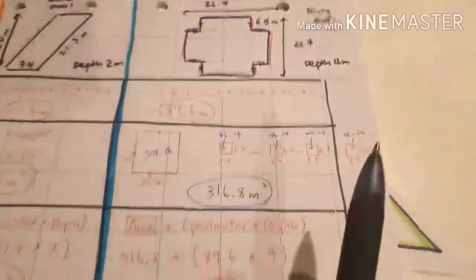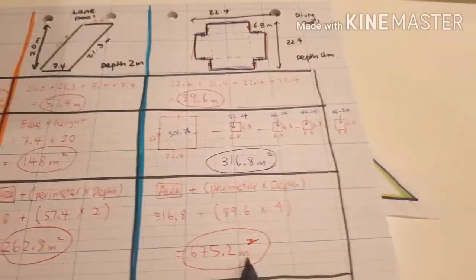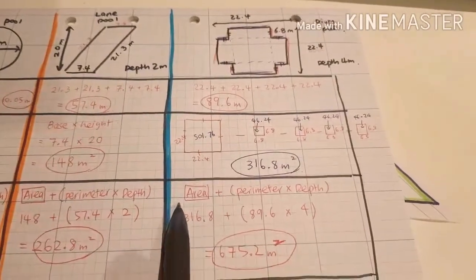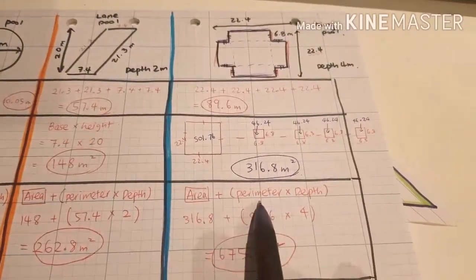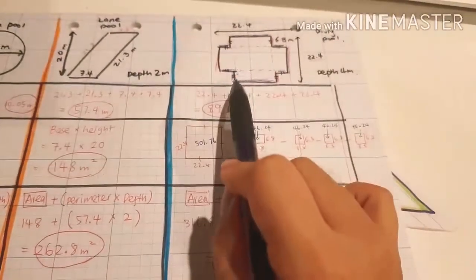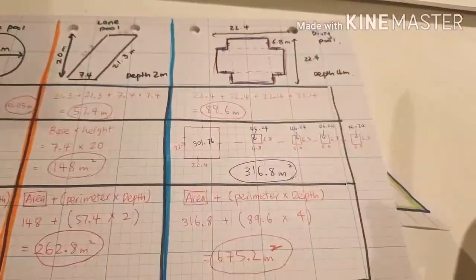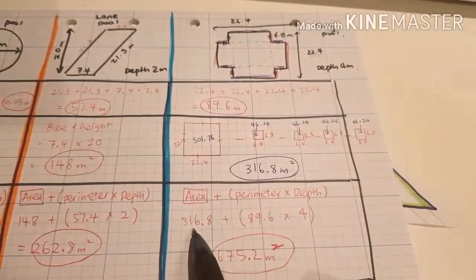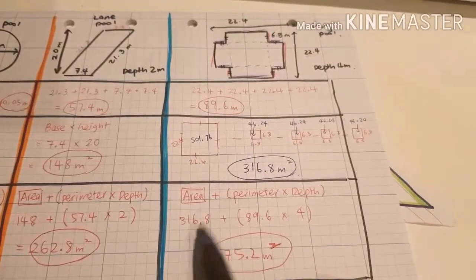Then how can I find the surface area? It's the same. I need to find area plus perimeter times the depth. Perimeter times depth is going to give you all the side area. So the base area I already calculated, 316.8.